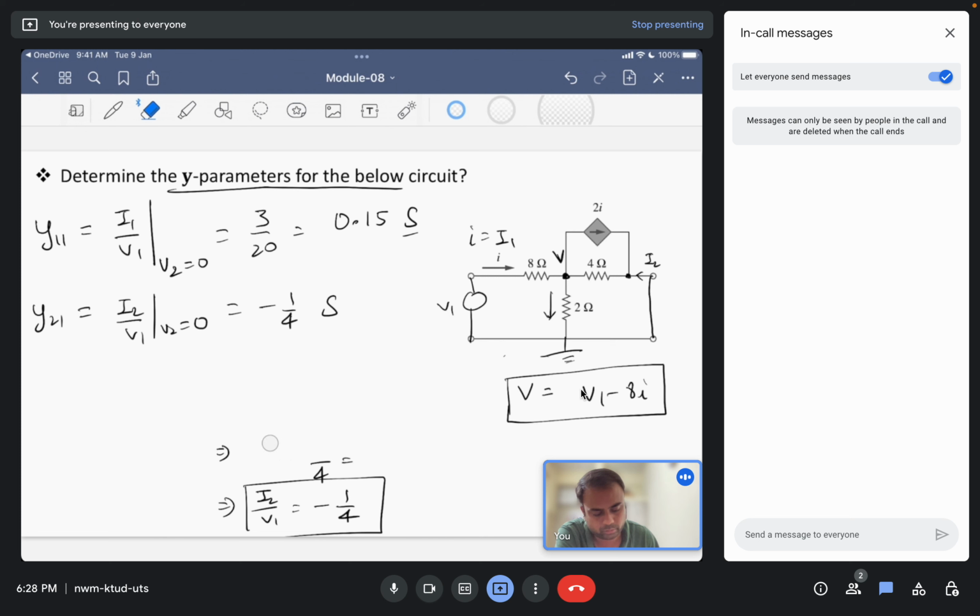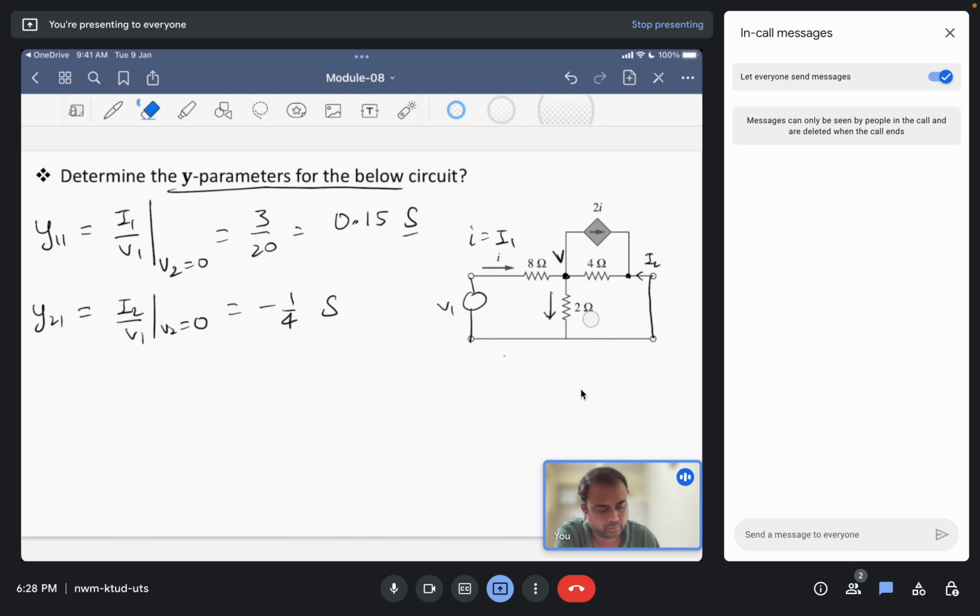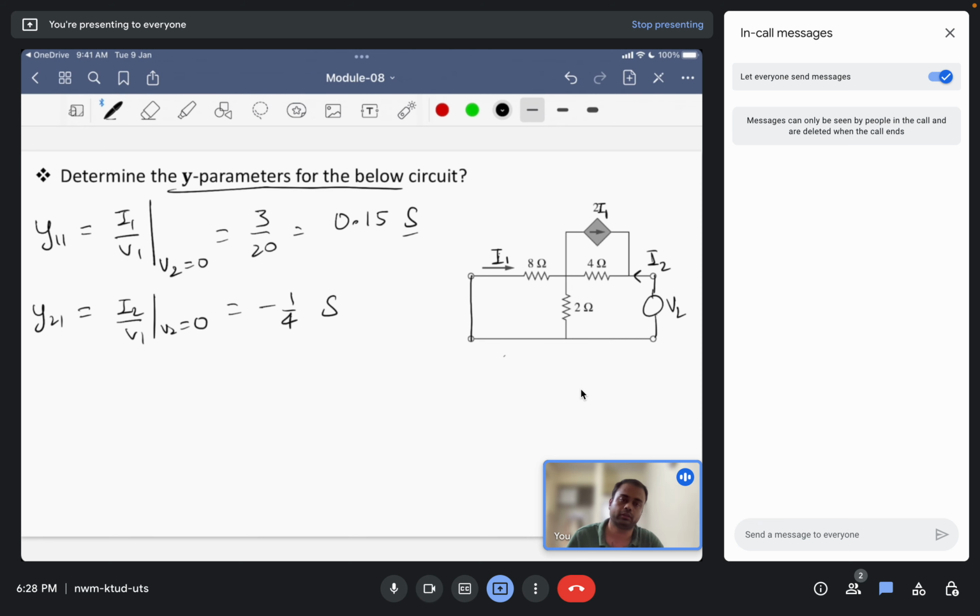Now the problem changes a little bit. Now we have to short circuit the input terminals and apply a potential at the right side. So this will become I2 and I is I1. For this case now we have to solve the problem. We can again calculate for the node, or we can also find the currents directly.